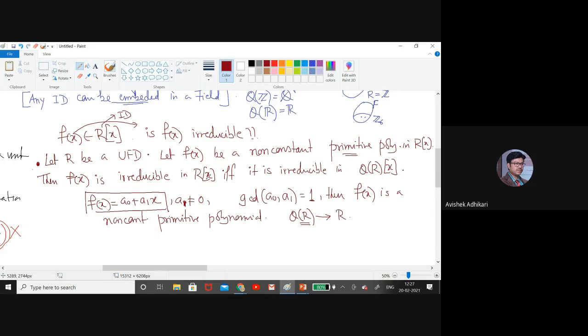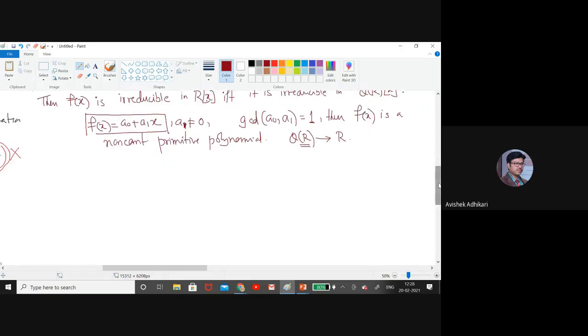Okay, suppose I have a degree-1 polynomial in Z[x], say consider f(x) equal to 4x plus 4.